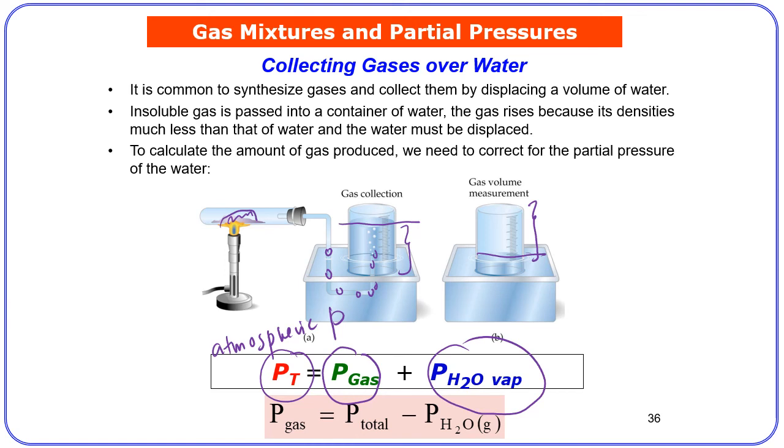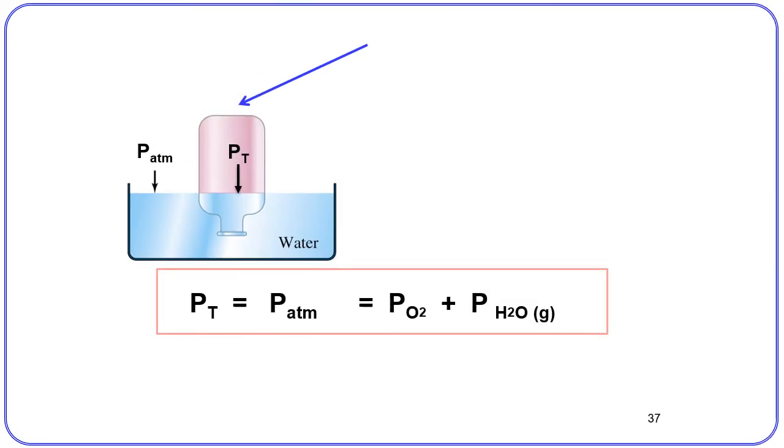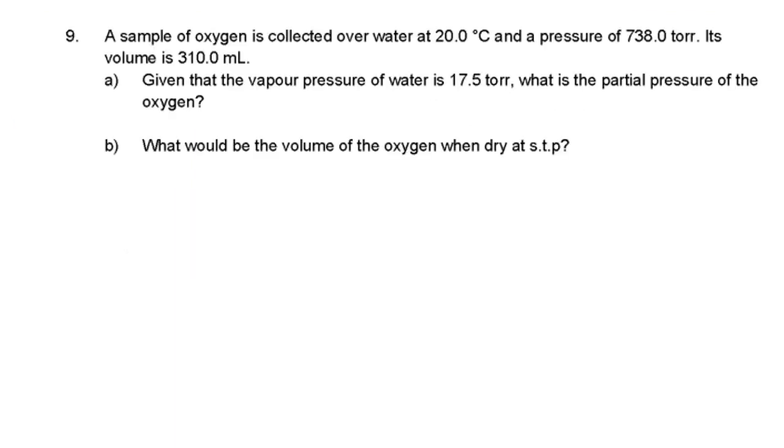Let us look at the calculation for this type of question. A sample of oxygen gas is collected over water at 20 degrees Celsius, so this is the temperature, and a pressure of 738 torr.